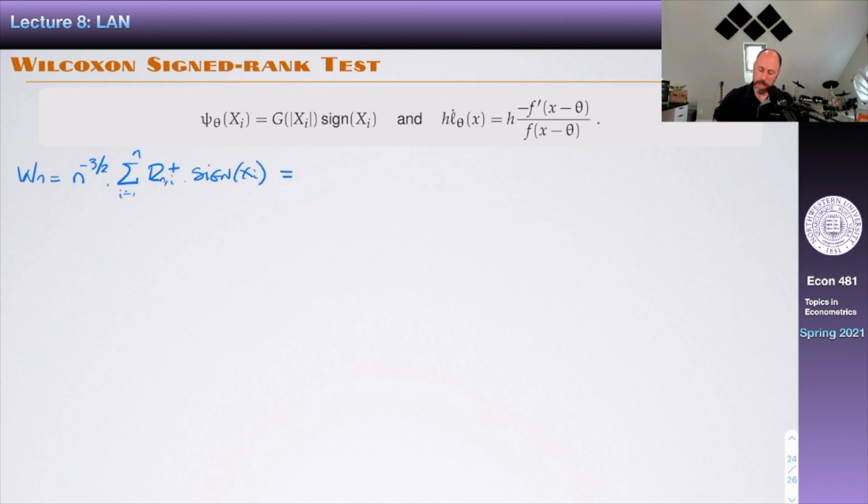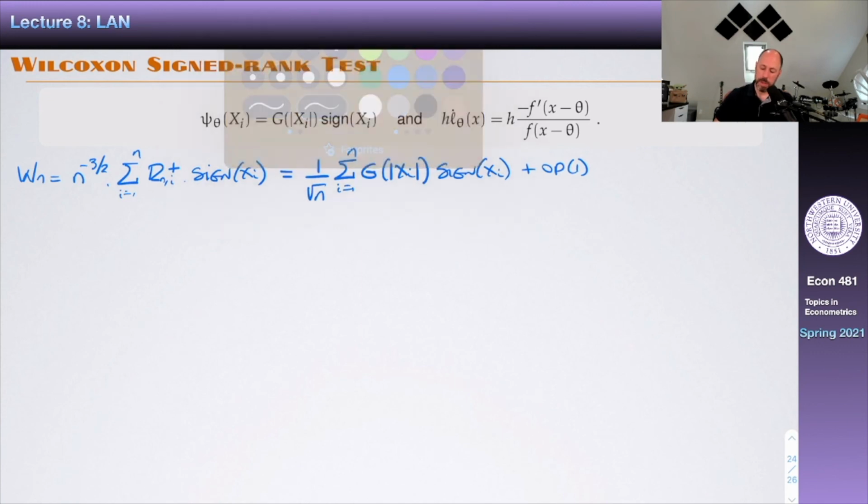And then we showed that you can write it as 1 over square root n times the sum of these random variables called U_i. The U_i's were just g of the absolute value of X_i, where g was the CDF of the absolute value of X, times the sign of X, plus little o_p(1). And so here again, this guy is the influence function.